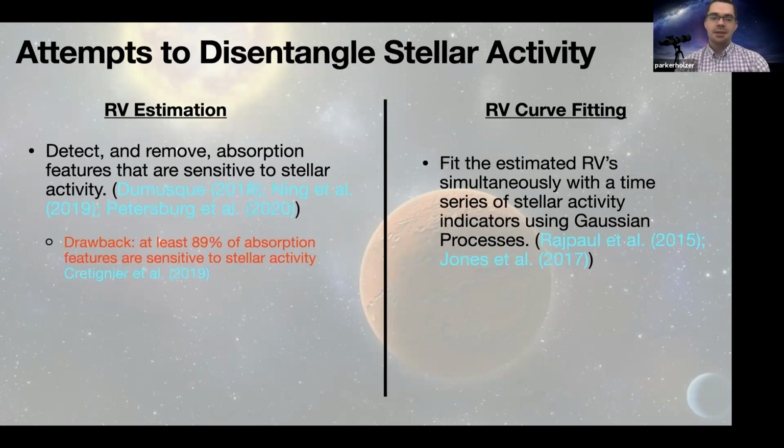So this idea to try and disentangle stellar activity from the signal we're really after has been on people's radar for a while. And there are generally two types of attempts that have been made so far. One of them takes place in the step where we actually estimate the radial velocity from the spectra itself.